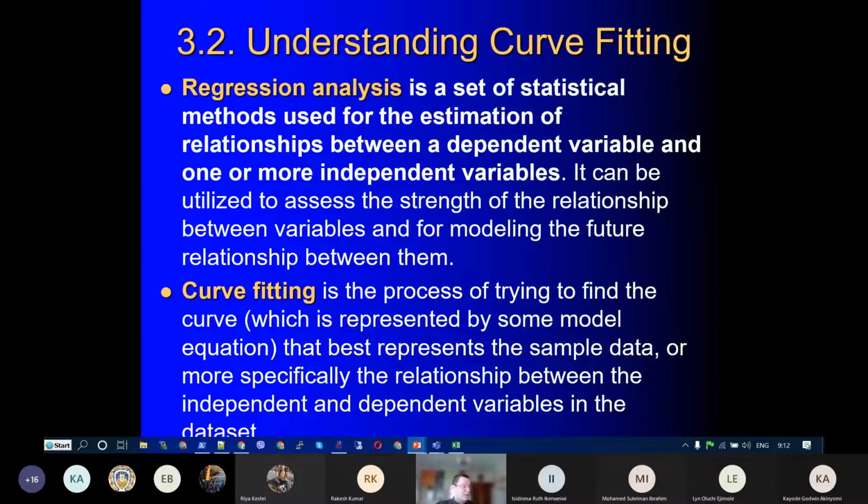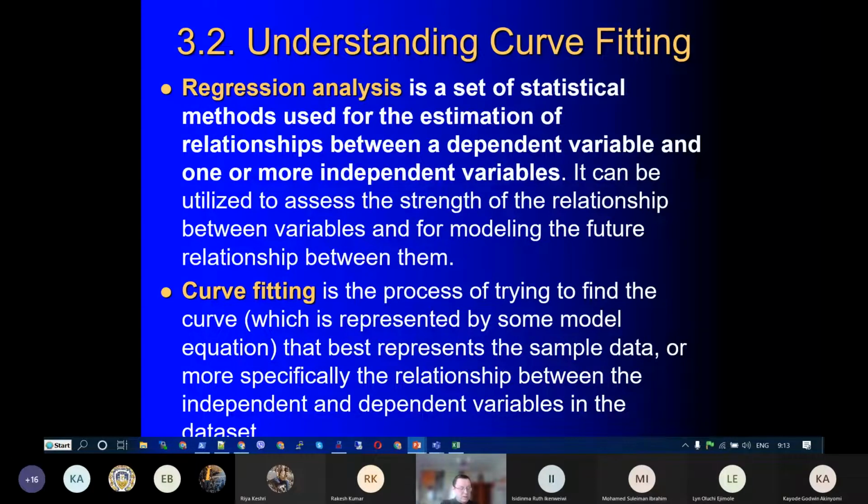So regression analysis is a set of statistical methods used for the estimation of the relationship between a dependent variable and one or more independent variables. It can be utilized to assess the range of relationship between variables and for modeling the future relationship between them.